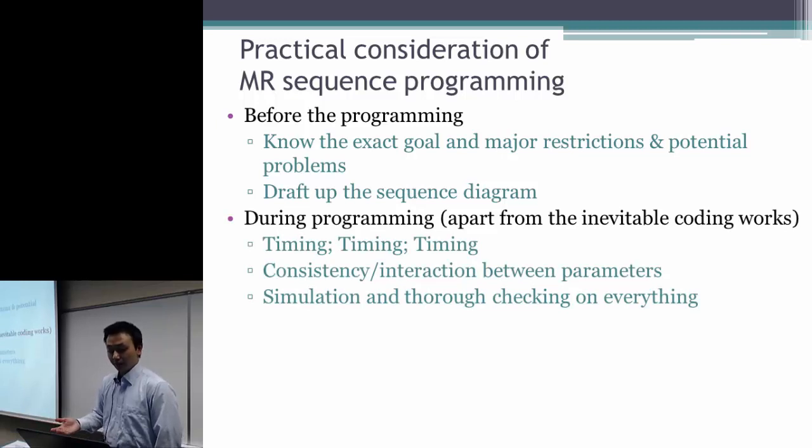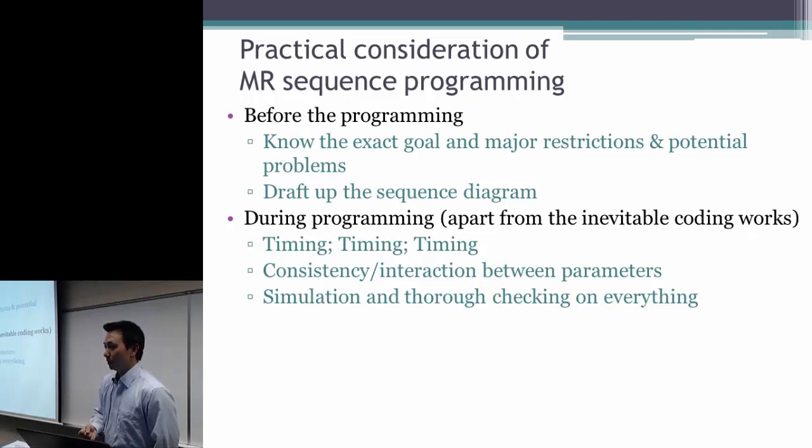During the programming, of course you have to go through thousands of lines of code, but the most important thing to bear in mind is the timing of the sequence. That means the timing of the three components: the RF pulse, the gradients, and the ADC. I'm not sure about other scanners, but on a Siemens scanner, the minimum timing unit is 10 microseconds.